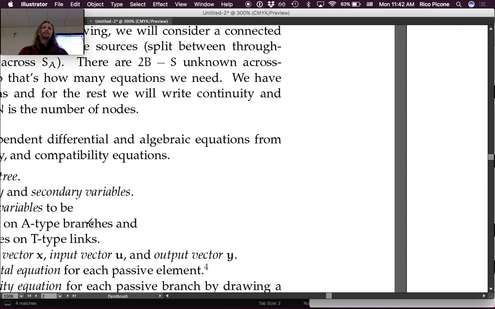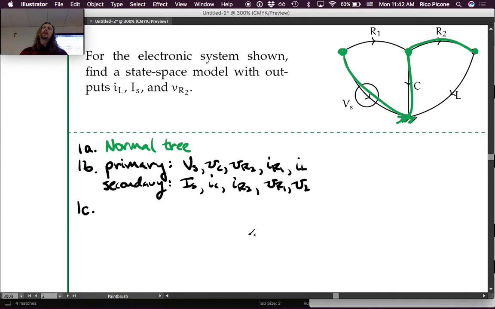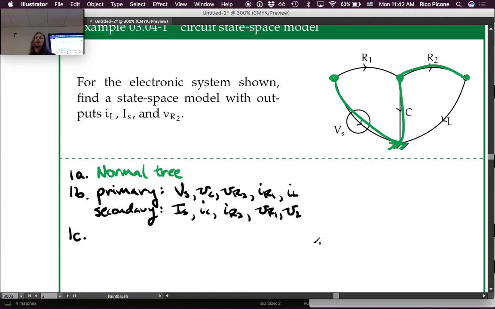1C. Select the state variables to be across variables on A-type branches and through variables on T-type links. So we have one A-type branch and one T-type link.